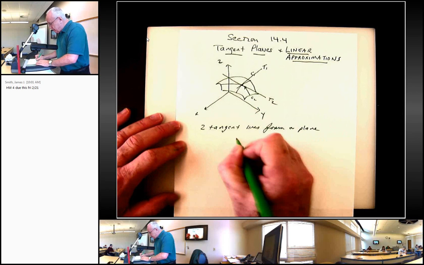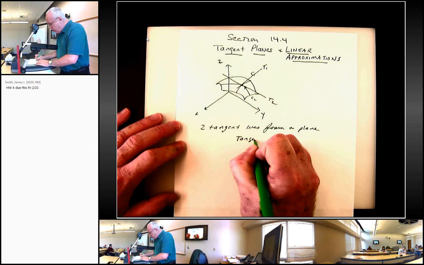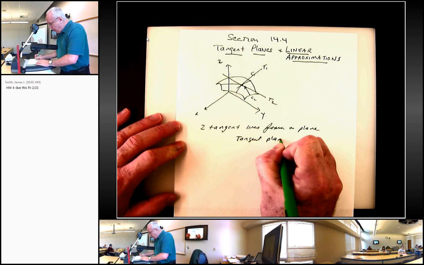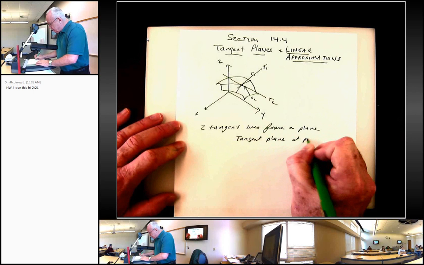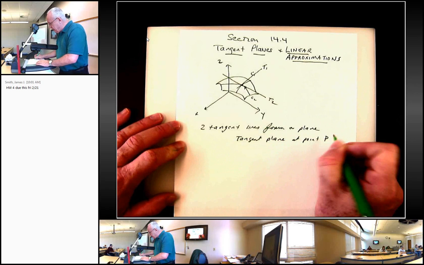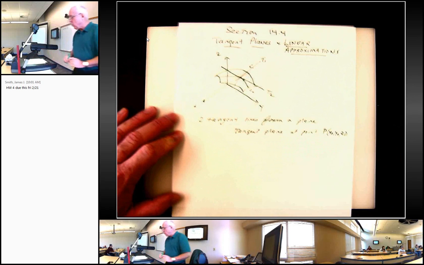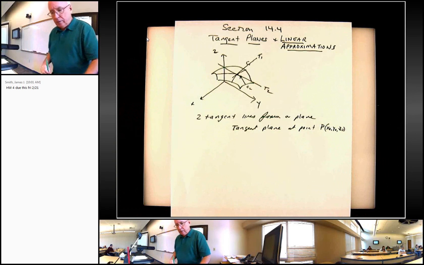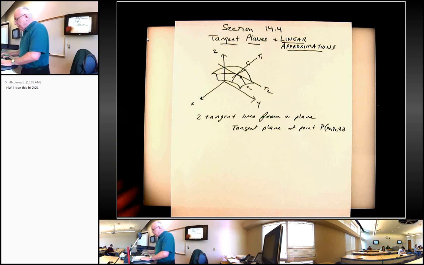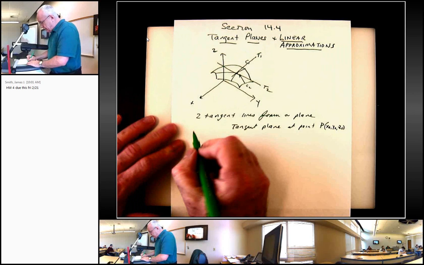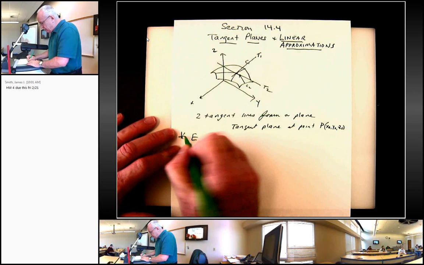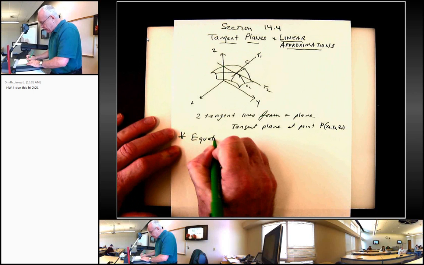And we call this the tangent plane at point P, which has the coordinates x0, y0, and z0. And then we have an equation for this tangent plane that you guys need to remember. I'll put an asterisk by that.